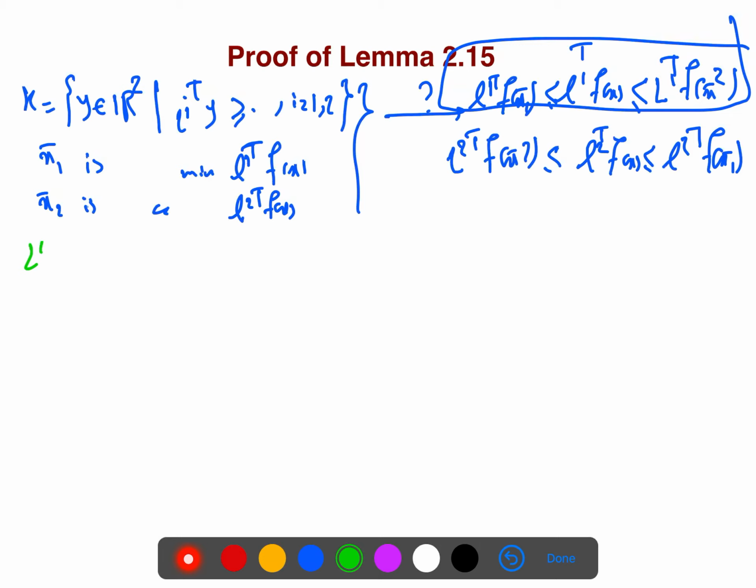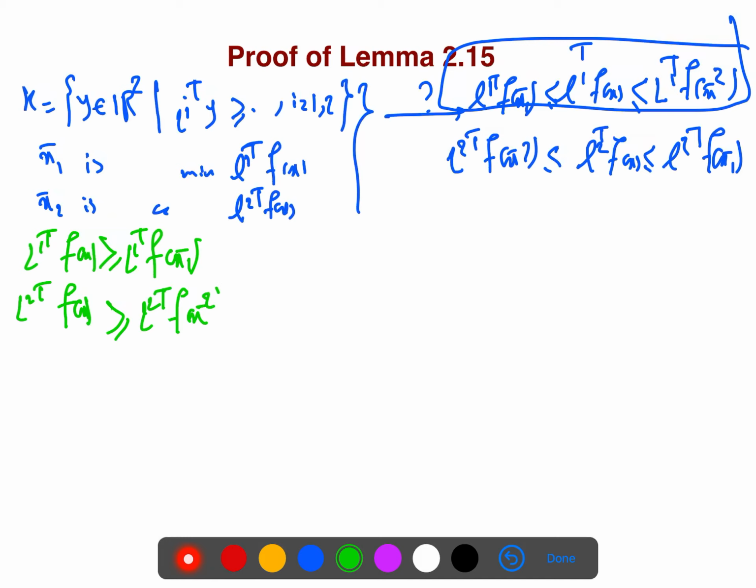We can say immediately that L1 transpose f of x is greater than or equal to L1 transpose f of x1 bar, and L2 transpose f of x is greater than or equal to L2 transpose f of x2 bar. And we prove by contradiction.